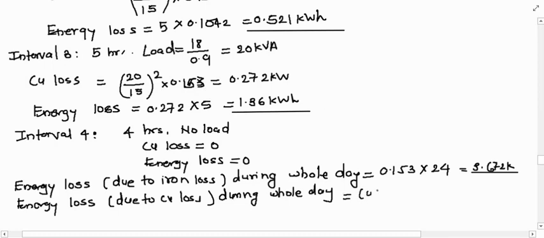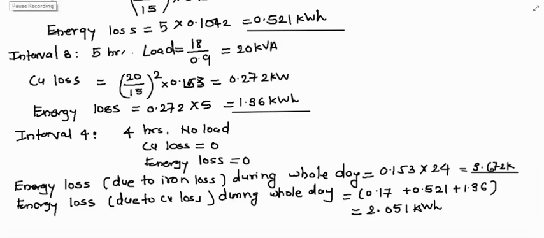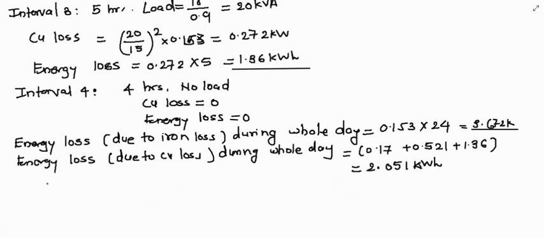So this will be 2.051 kWh. Always take 3 digits after the decimal point. Therefore, what is the total energy loss?